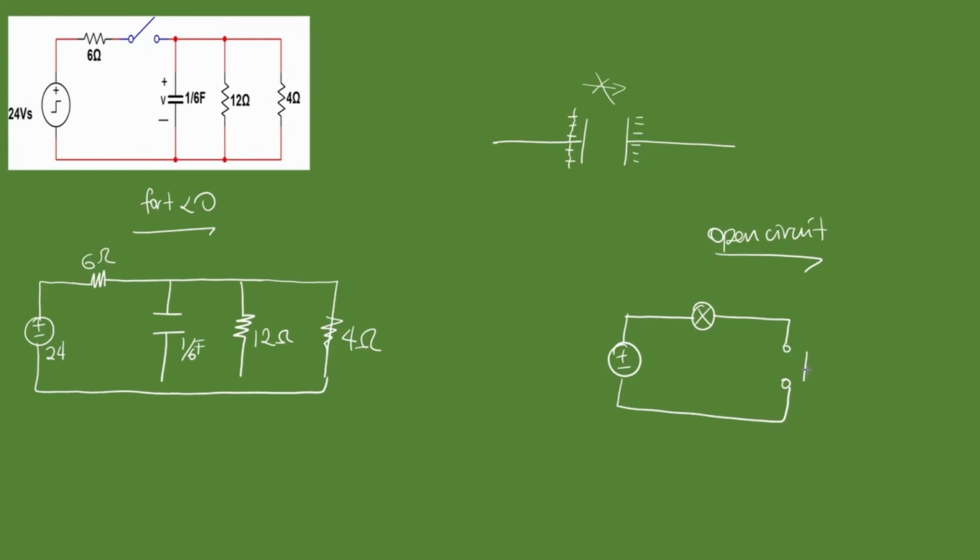If this is the way it is, and we trace the current going this way through the lamp, and it comes to this open junction, the current is not going to be able to flow through this gap, and therefore the lamp will not light up because there's an open circuit over here. But if, for instance, perhaps we had another lamp in parallel this way, this lamp would be able to light up.